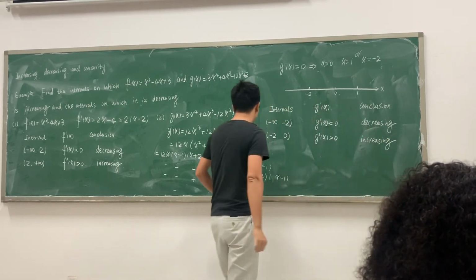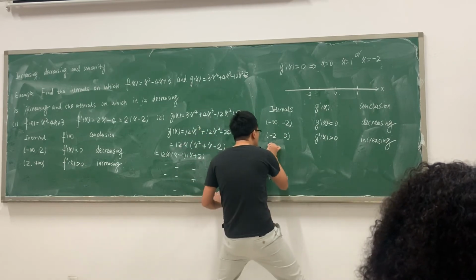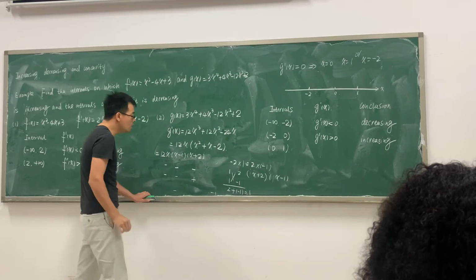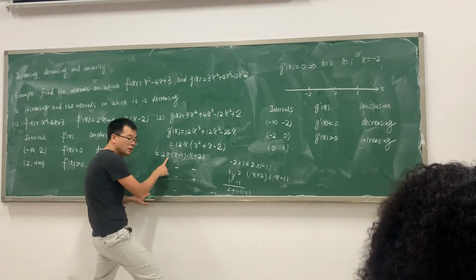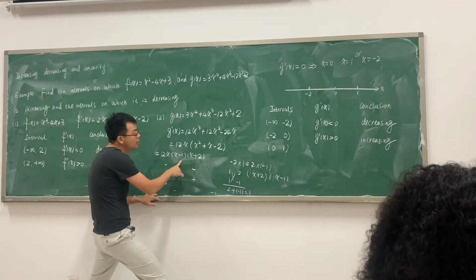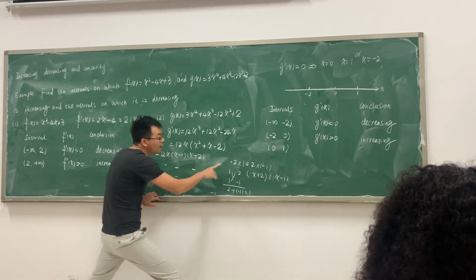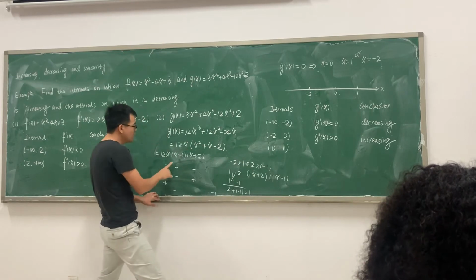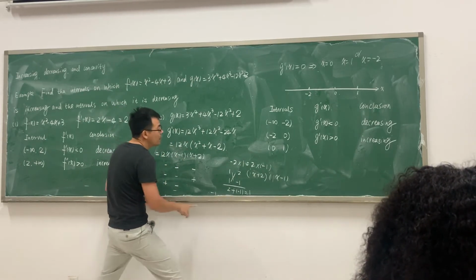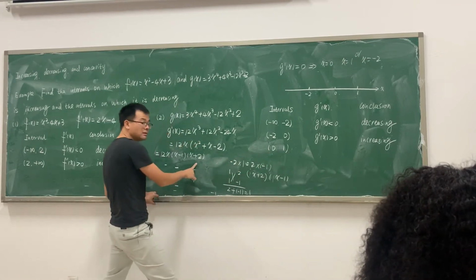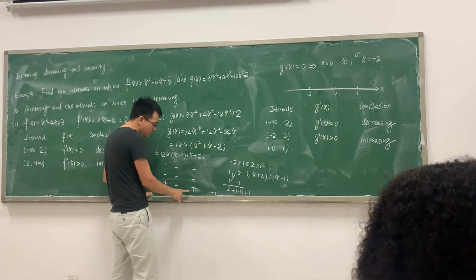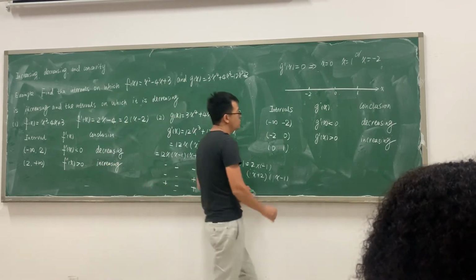The third interval is 0 to 1. On 0 to 1, x is positive, x - 1 is negative, and x + 2 is positive. So positive times negative times positive is negative.